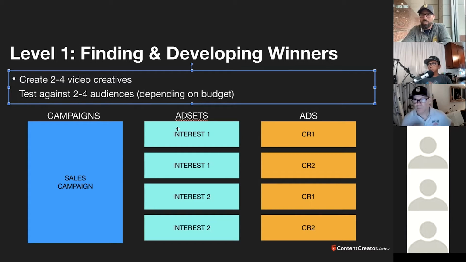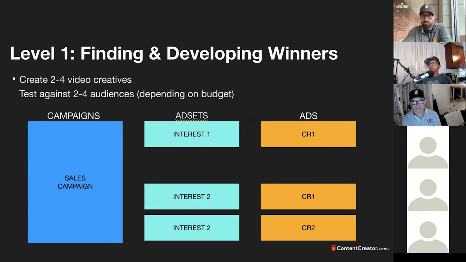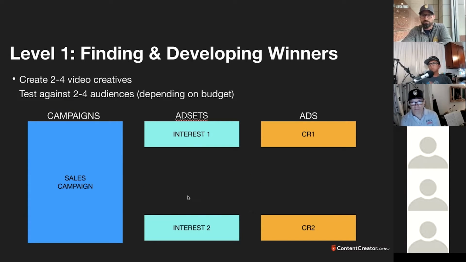Right. If we ran 2 different video, like let's say we just had, how can I do this on group? All right, let's say we just did this. Interest 1, we ran 1 ad, and interest 2, we ran a second ad. Let's say interest 1 did 3 times as good. Do we know that this is the best ad?